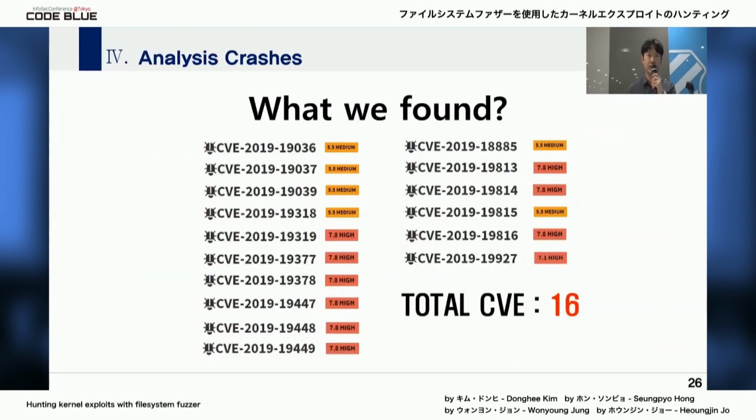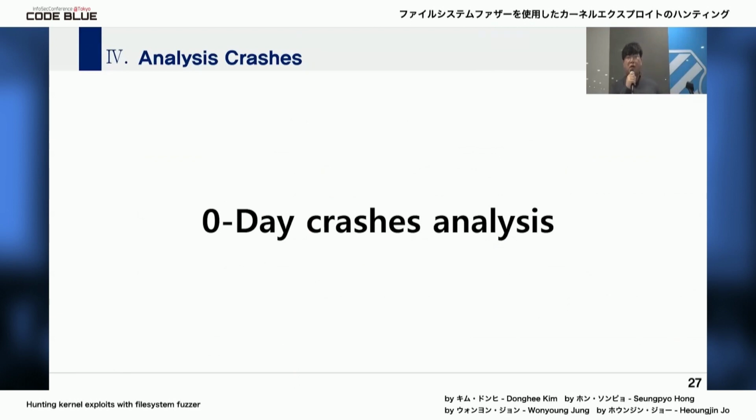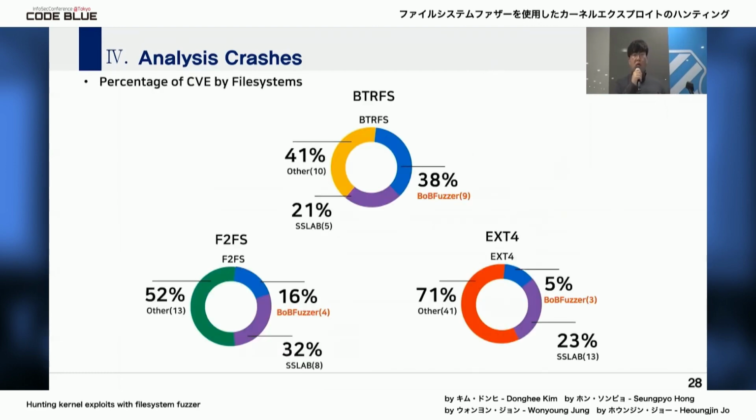There are a total of 16 CVEs reported by us. Some of the reported CVEs will be explained by our team members. Now, let me explain the CVE ratio we reported and the detailed analysis of the CVEs. The following is the percentage of CVEs we obtained per file system.